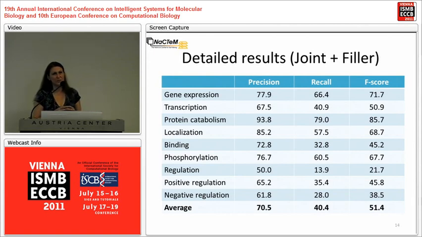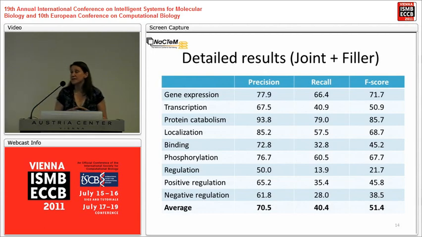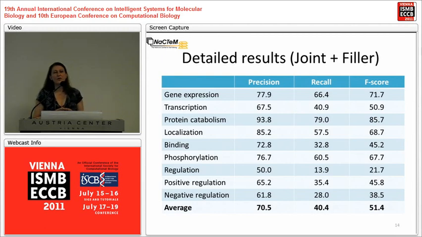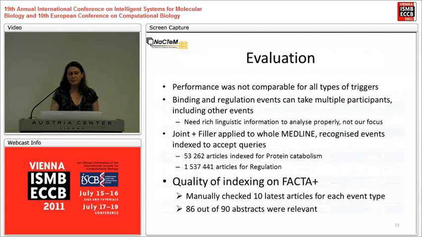The reason this is depressed is because certain events are very complex. They include other cascaded events, and very often you need much more rich information. In this case, we don't do that, so we're relying on a very simple approach to extract those events. But if you want to improve, you have to invest in a bit more extracting complex events.